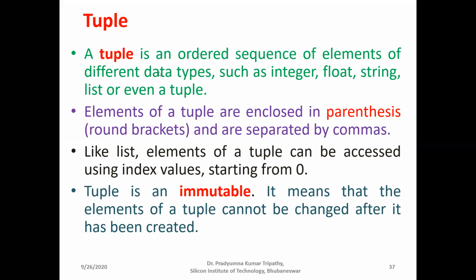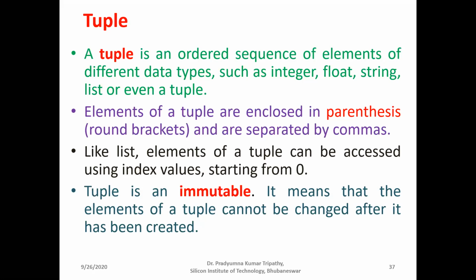A tuple is an ordered sequence of elements of different data types such as integer, float, string, list, or even tuple. Like a list is an ordered sequence of elements of different data types, a tuple is also an ordered sequence of elements of different data types. In a list I can keep 2-3 different data types. Here also in a tuple I can keep integer, float, string, list, anything.